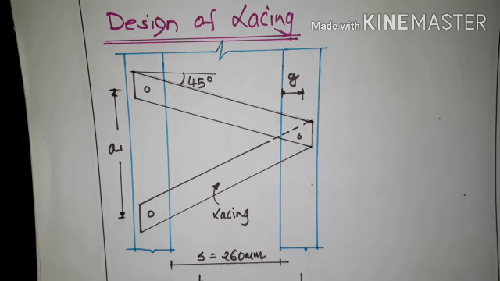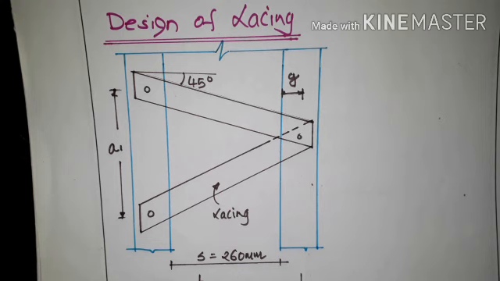So in the previous session we had discussed how to select a section from the steel table, and we even calculated the design compressive load of two channel sections placed back to back, and we referred to the different clauses like for the slenderness ratio lambda, for built up section, for laced columns.